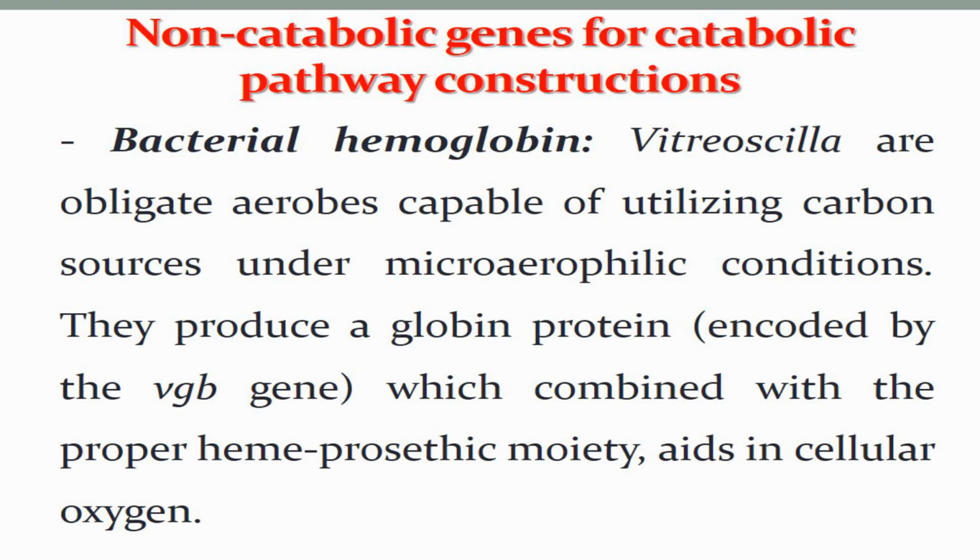This is the gene for production of hemoglobin. This protein is able to combine with the heme prosthetic group, which aids in cellular oxygen. In such a case, it is able to produce hemoglobin.